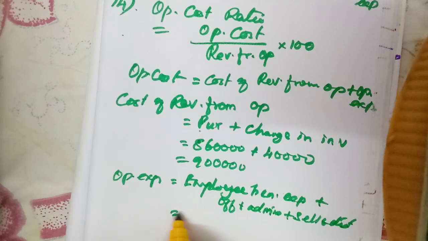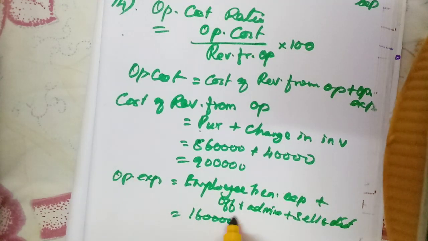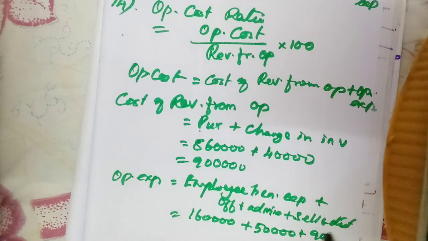Here employee benefit expenses are 1,60,000 plus office and administration. You see, other expenses number 1 is given and below that a table is given. Other expenses included office and administration, selling and distribution and loss on sale of furniture. So we have to take only office and administration 50,000 plus selling and distribution 90,000. How much will we get?